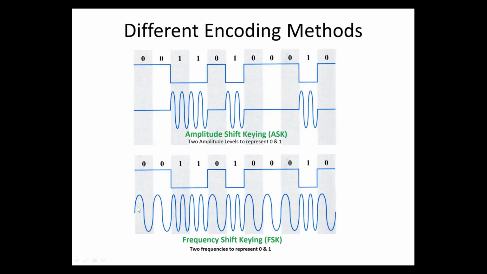But you can see here, this is a 0, higher frequencies represented as a 1, 0, a 1. So the frequency is shifted in similar fashion to the way FM is modulated with an analog signal. Here we've got two frequencies that we're modulating to indicate zeros and 1.